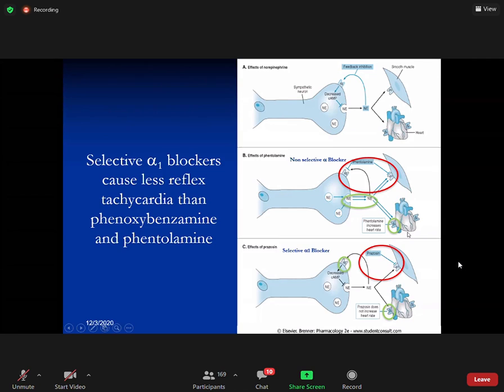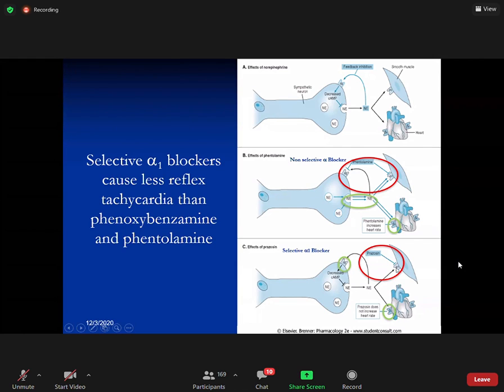Tachycardia. And then if you have a selective alpha blocker, the non-selective one blocks alpha 1 and alpha 2, so you have more norepinephrine to act on the beta 1.